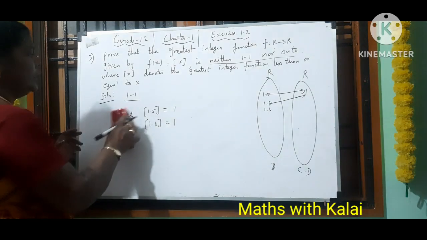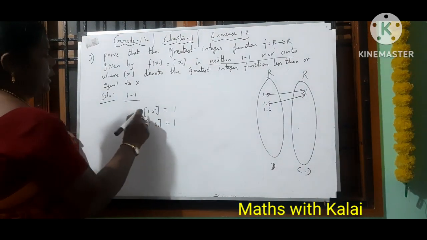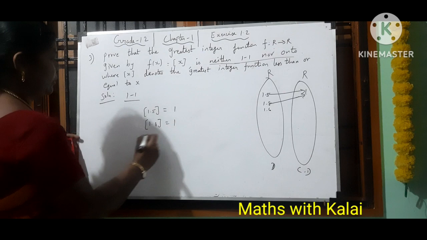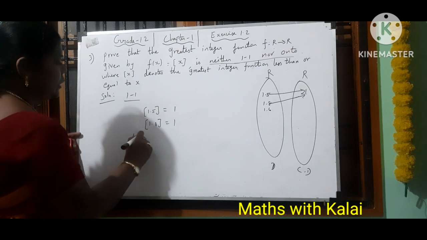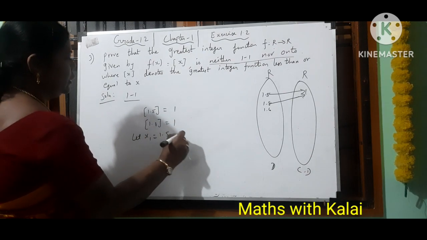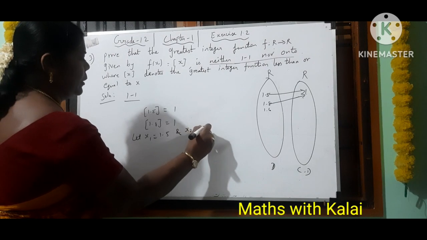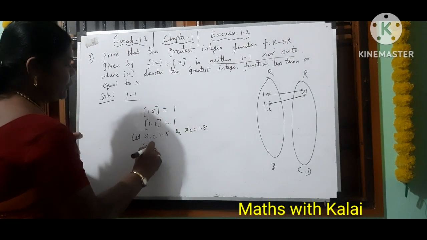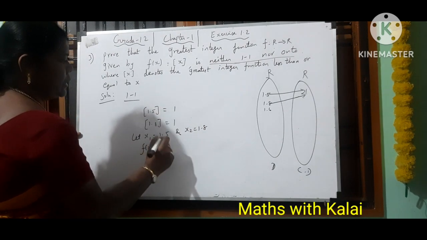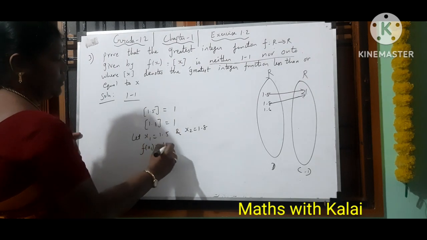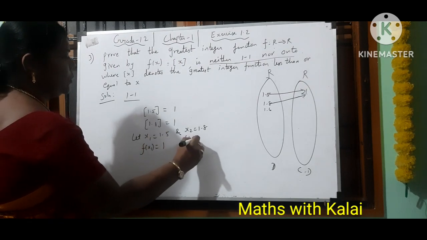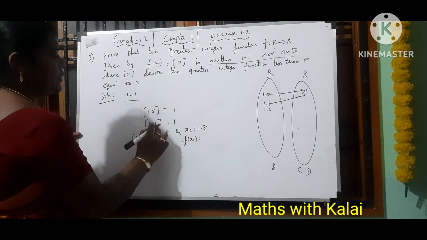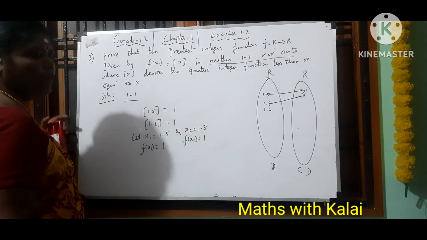Theoretically, if we look at the greatest integer function for these two values, the answer is 1. Let us consider x1 is equal to 1.5 and x2 is equal to 1.8. Now f of x1 is nothing but the greatest integer function of 1.5, and the answer is 1. And f of x2 is the greatest integer function of 1.8, that is also equal to 1.